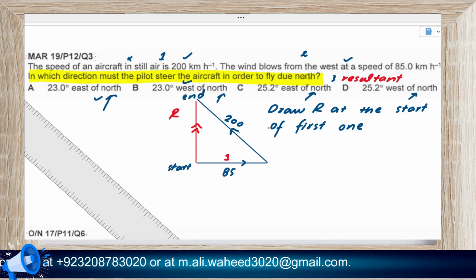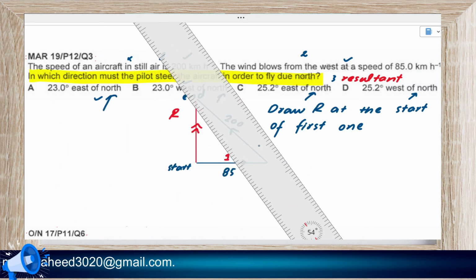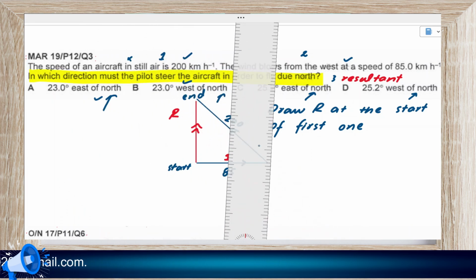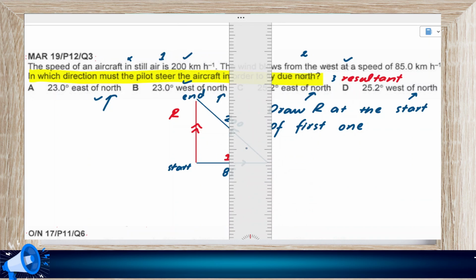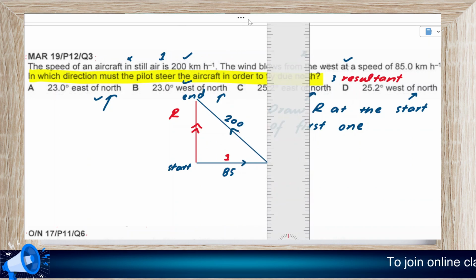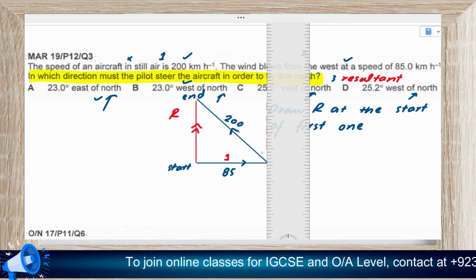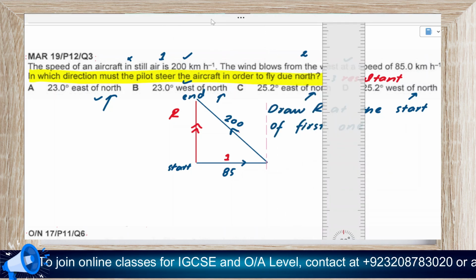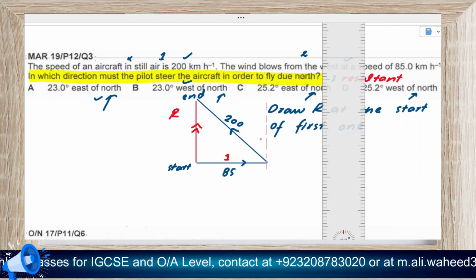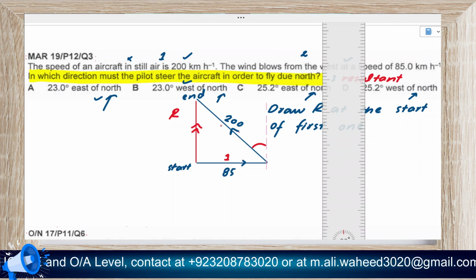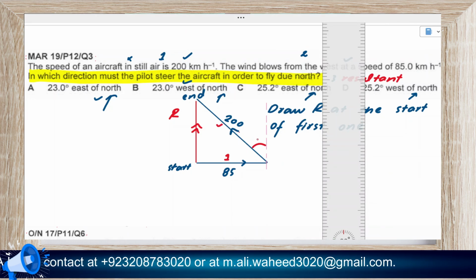There are plenty of ways you can solve it mathematically. So I'm going to draw north over here. Say this is the north, and you have to find the direction of this one vector with north.